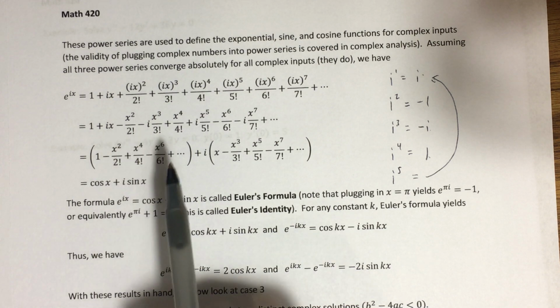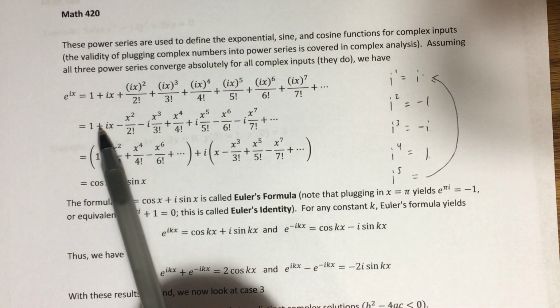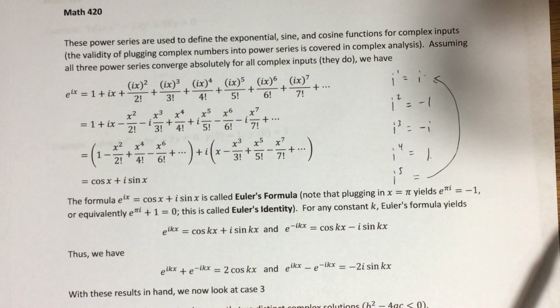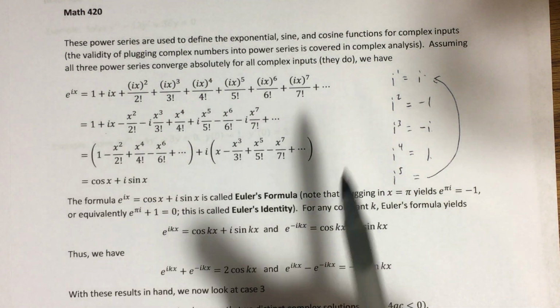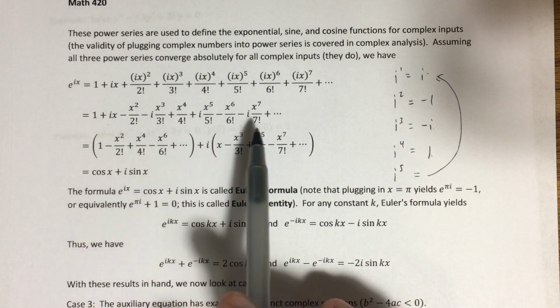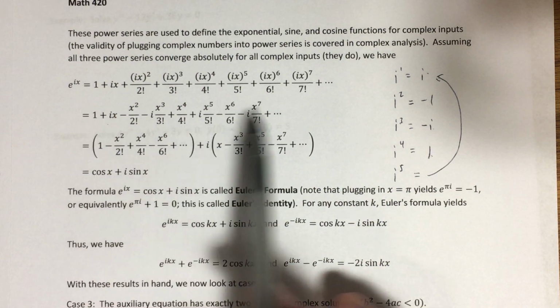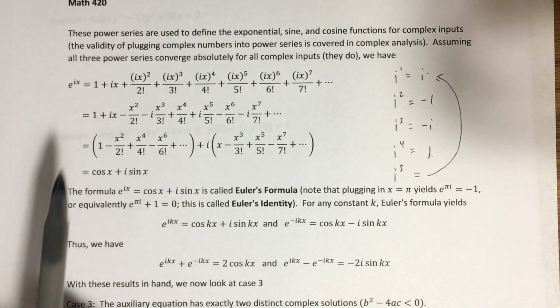Again, we're making some assumptions about convergence properties when complex numbers are involved. But just like the Maclaurin series for e to the x when x is a real number, this will converge absolutely for all values that I plug into it.